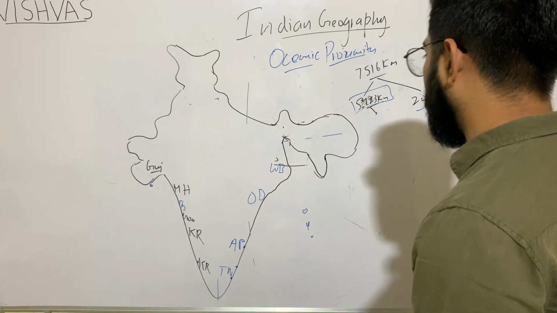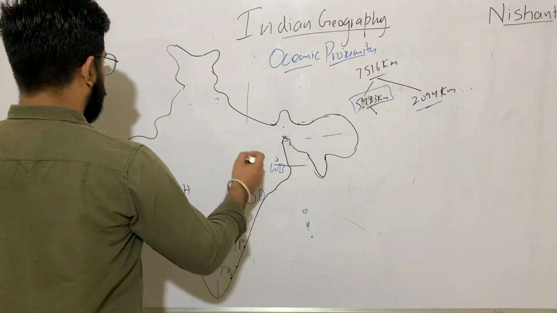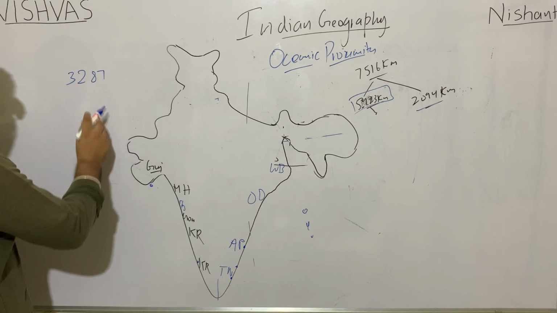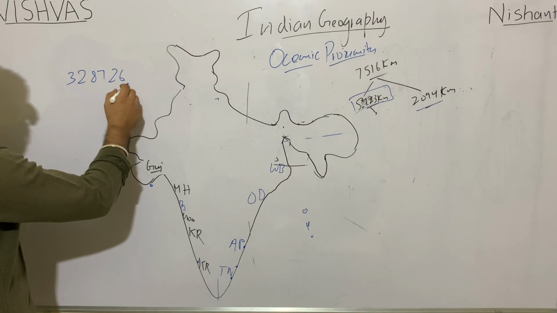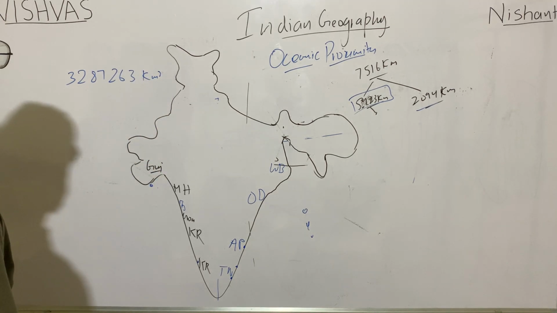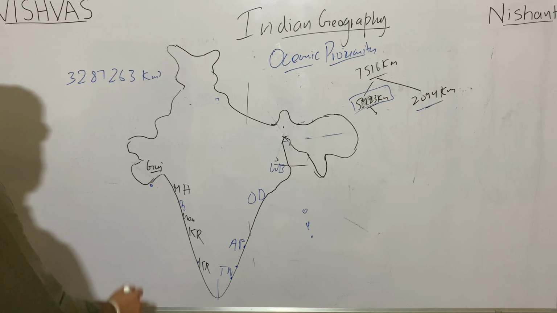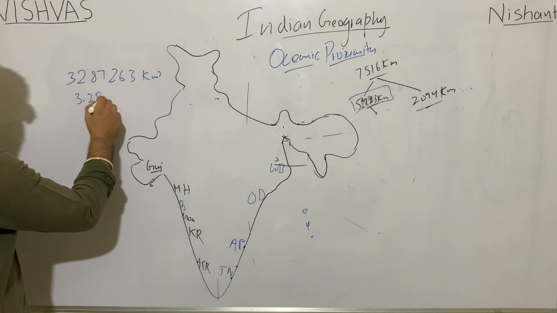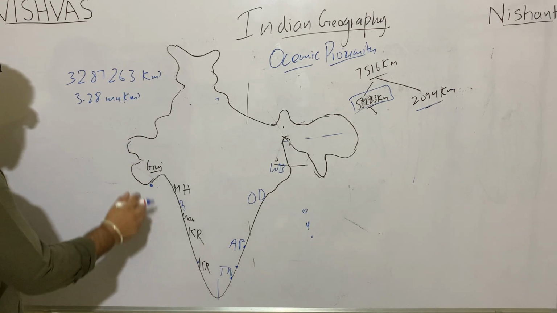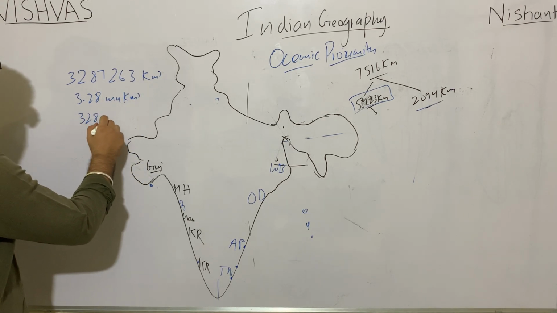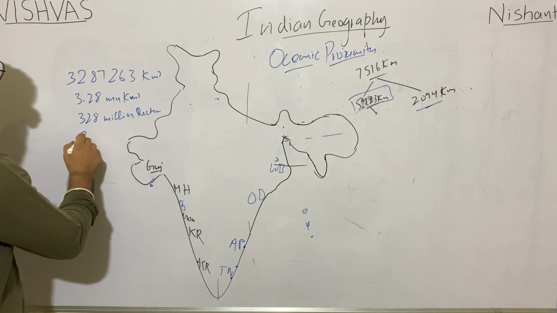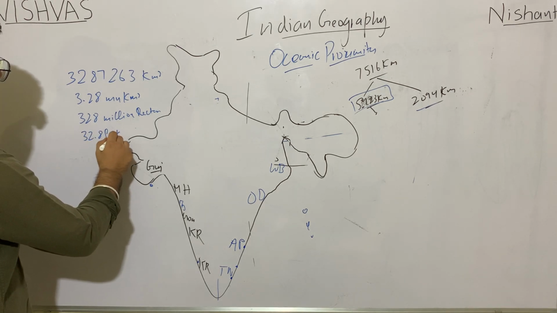The total area of India is 3287263 kilometer square. Also you can write 3.28 million square kilometer, also 328 million hectare and 32.8 lakh kilometer square.